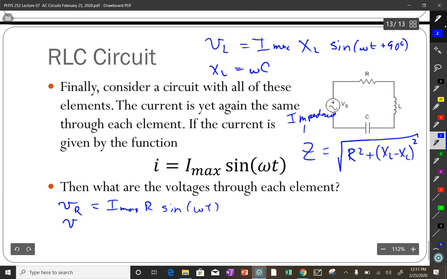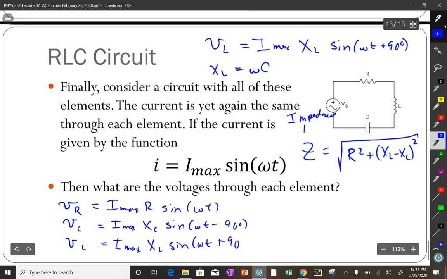The voltage across the capacitor is I max X sub C sine of omega t minus 90 degrees. And the voltage across the inductor is I max X sub L sine of omega t plus 90 degrees.